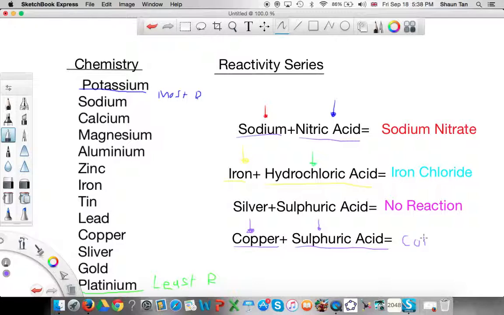Copper sulfate. Right? This gives you copper sulfate, if you look at this.